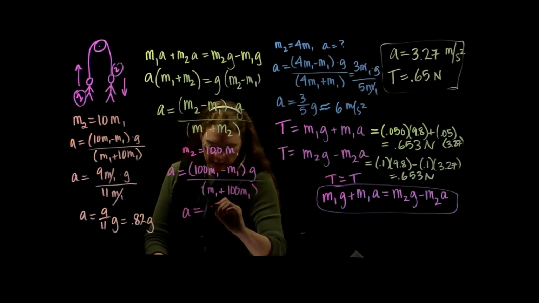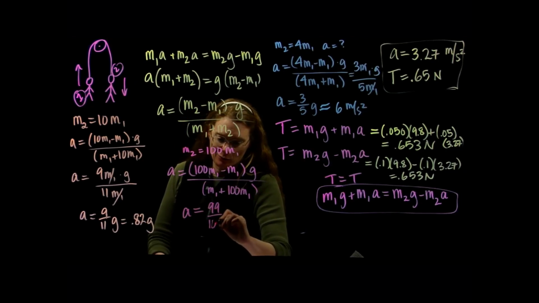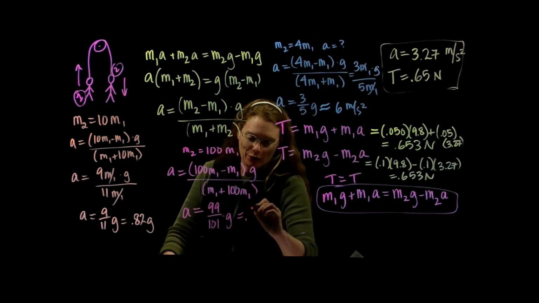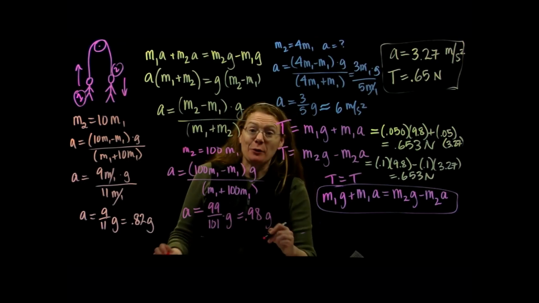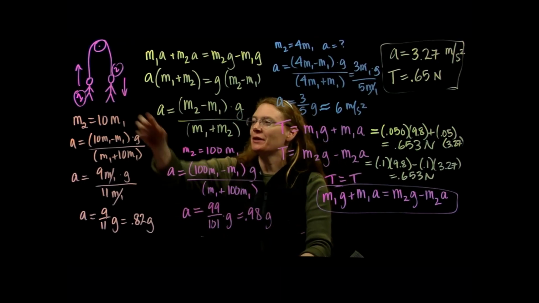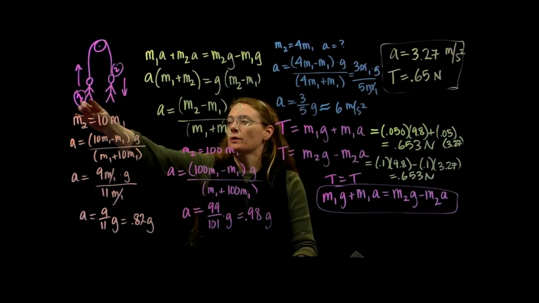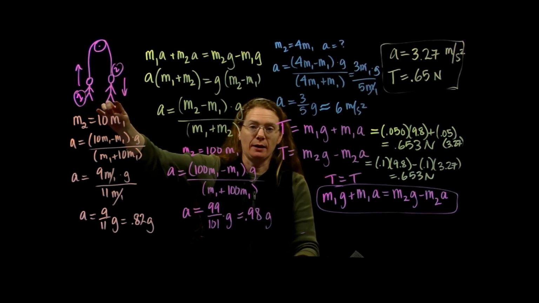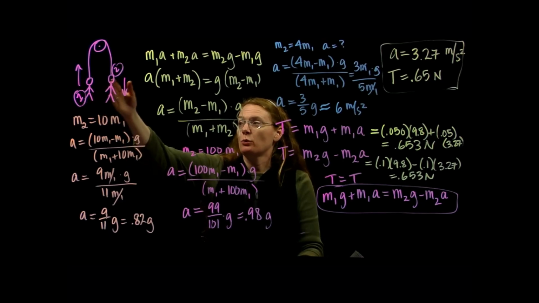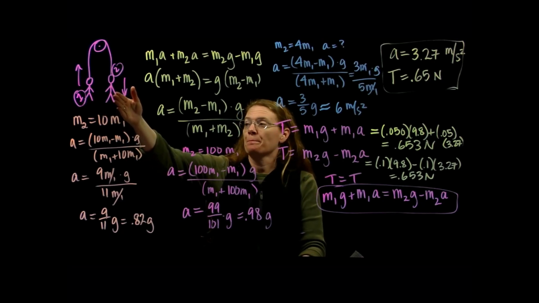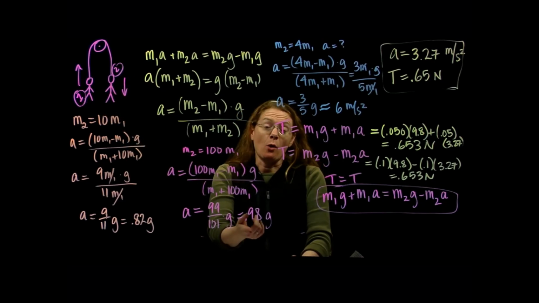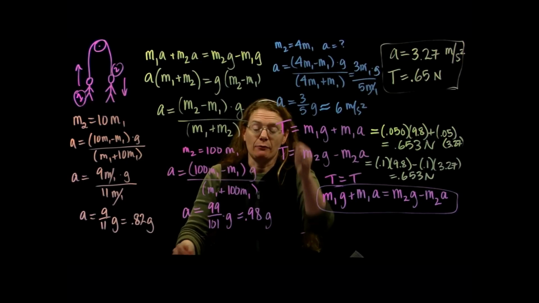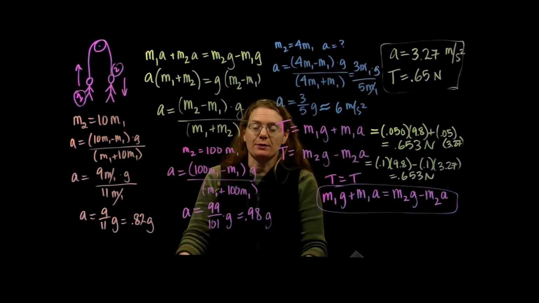And if you do that, you get 99 over 101 times gravity, which is 0.98 of gravity. That's pretty darn close to gravity. So if this was 100 grams, oh, now I'm going to have to do math. This would have to be a kilogram. So 100 grams to a kilogram, 100 times bigger, you would have it almost in free fall. It would behave almost like free fall, just a little bit slower.